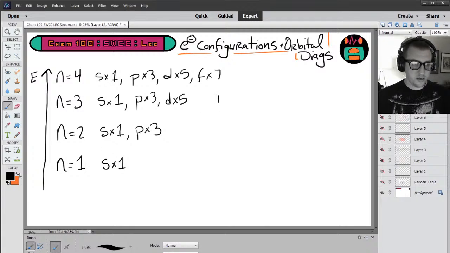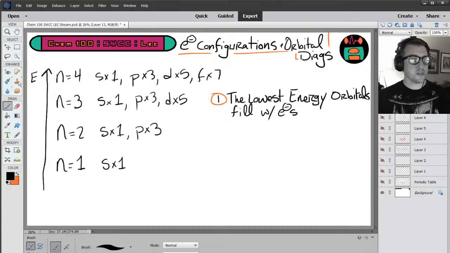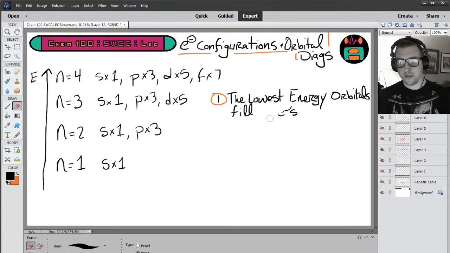Number one, you need to know that the lowest energy orbital or orbitals fill first with electrons.